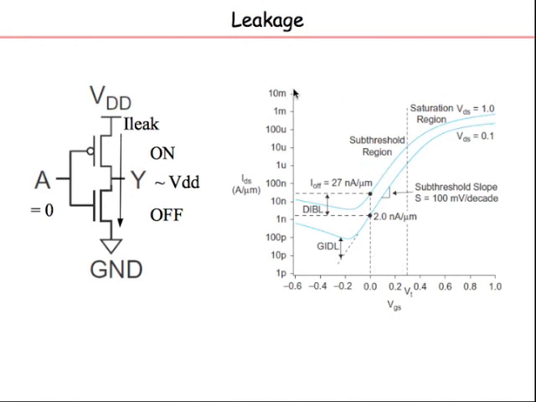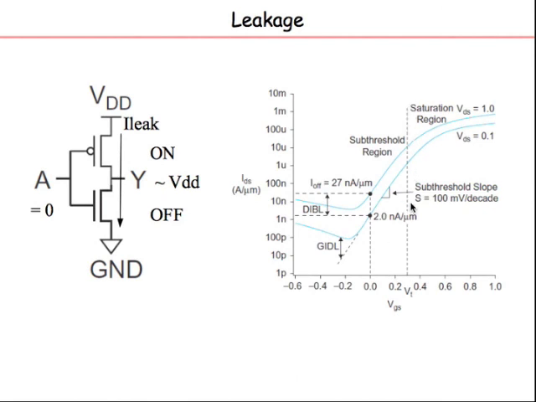In this graph, which plots IDS versus VGS, remember we had that quadratic equation, but here we are plotting IDS in log form: logarithmic IDS versus VGS. There are two features to see here. In this region, log IDS is a linear function of VGS. That means ID is exponentially dependent on the gate voltage in this region, which is less than the threshold voltage.